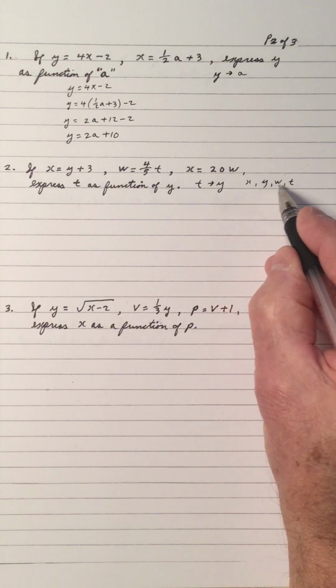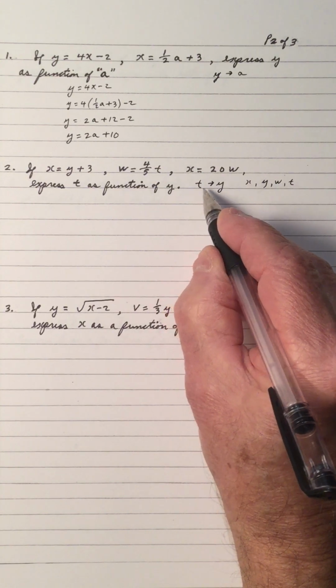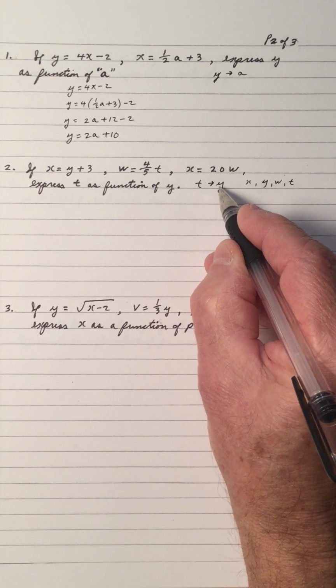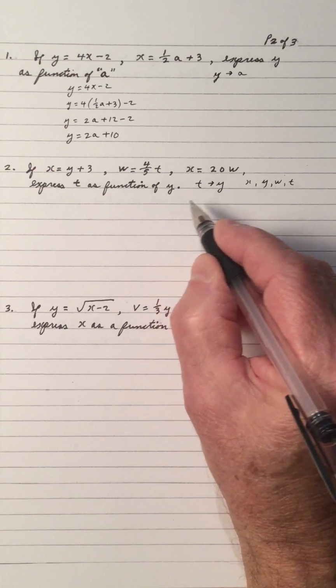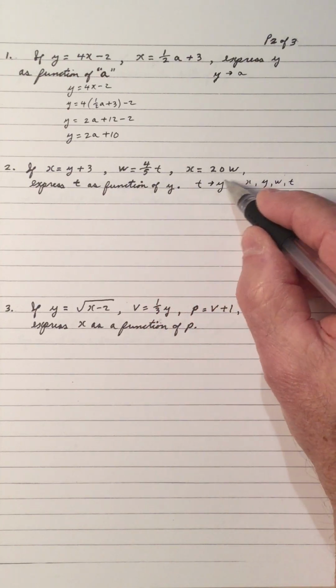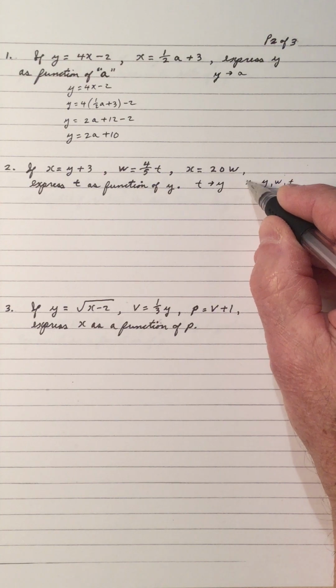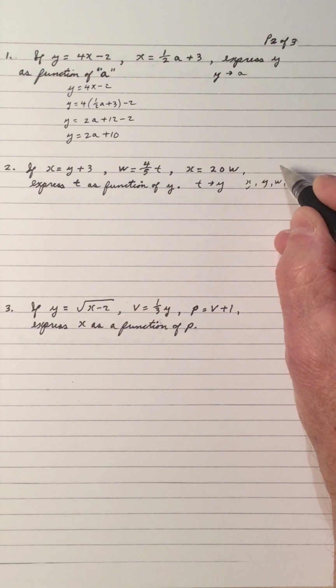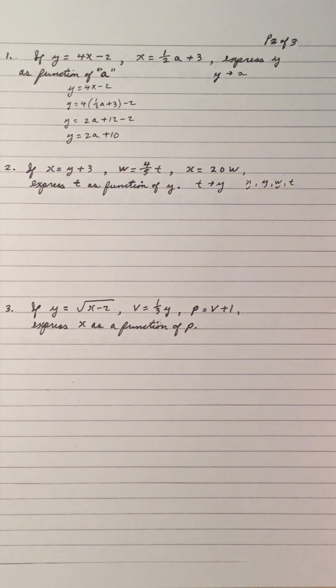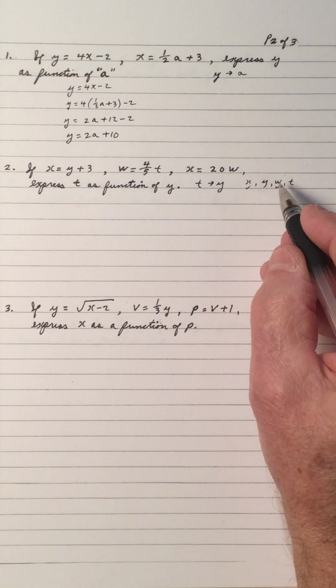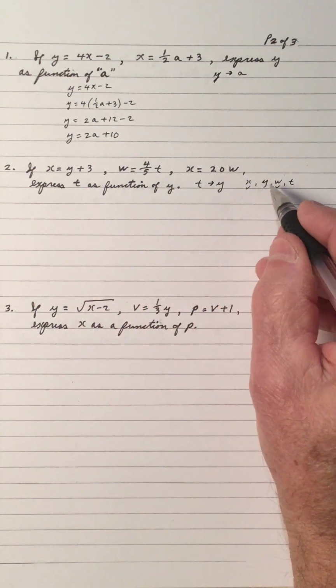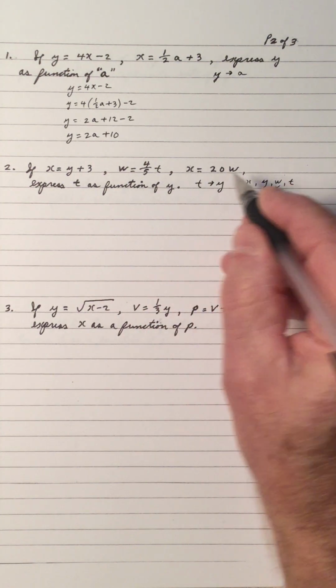So if I have all these variables and I want t to be a function of y, that means t is on the left, y is on the right. So that means if I got a t and a y, I have to remove the x and the w by substitution. So I have to get rid of the x.